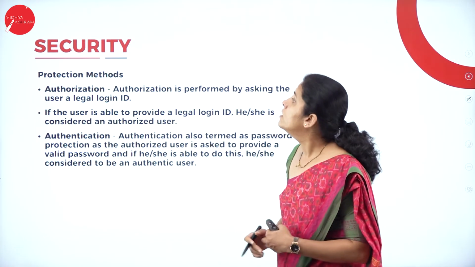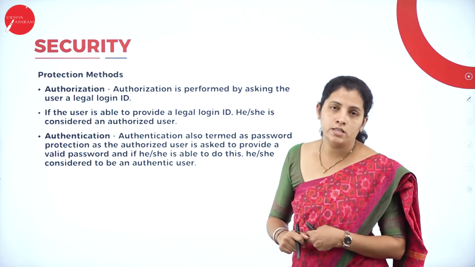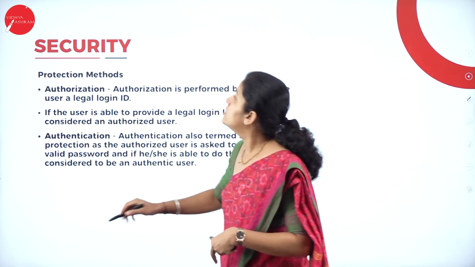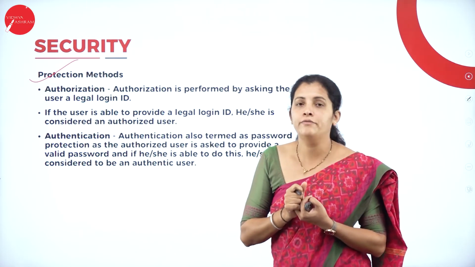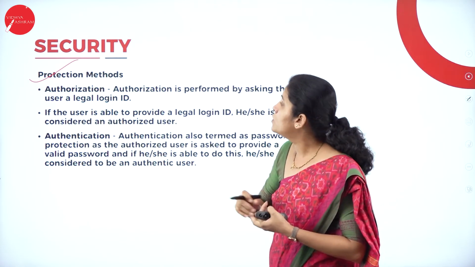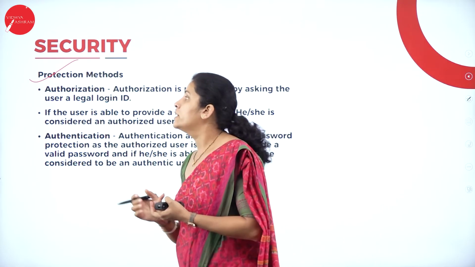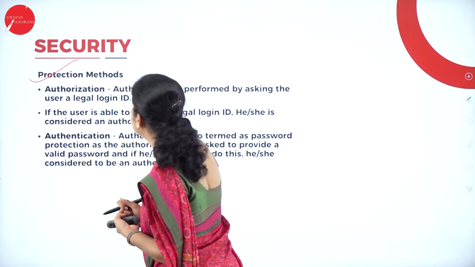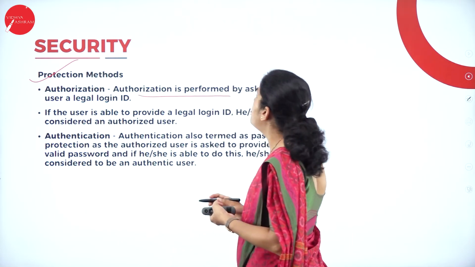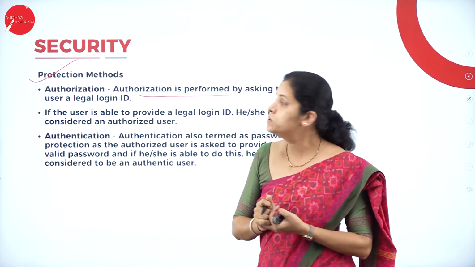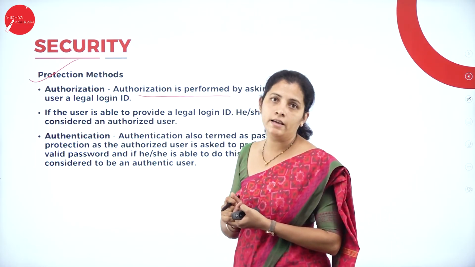Moving further, how to provide security. Here are the protection methods, that means how to provide security for e-payment. The first protection method is authorization. The authorization is performed by asking the user for a legal ID.